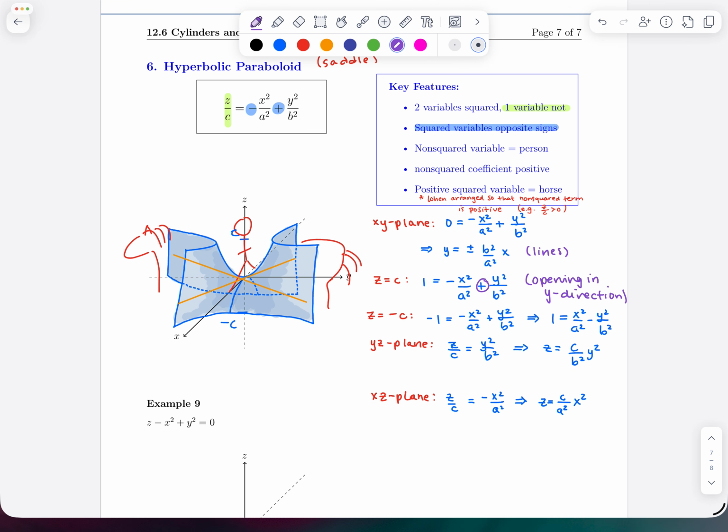Now it's opening in the y direction at the values y equals plus and minus b. If I wanted to visualize that on my graph, I could think of this as coming down here. This is like y equals b. And here, this is negative b.